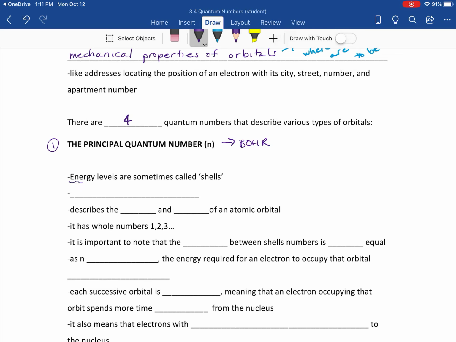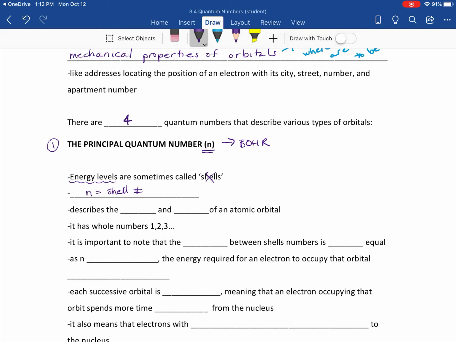We're going to call them energy levels. We'll refer to n, which is the principal quantum number, as the shell number. Well, I'm sorry, the shell number is n, but we don't use shells anymore, because shells refer to a two-dimensional space. And as we know, electrons can travel in three-dimensional space.